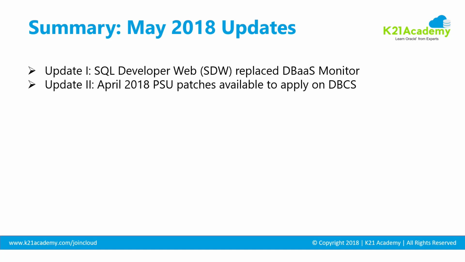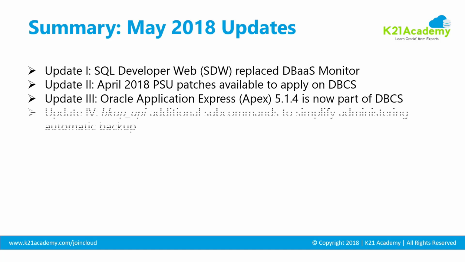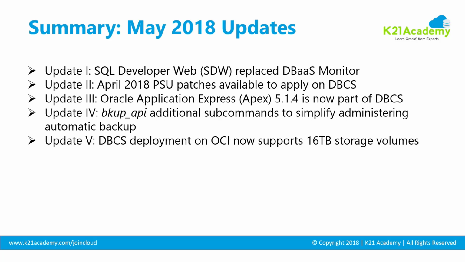Second, the April 2018 patch set updates are available inside DBCS, so make sure you apply those patches. Then there's a newer version of Apex, or Application Express, so if you're using Apex, make sure you upgrade to 5.1.4. There are new additional subcommands added into bkup_API, which is a tool to back up databases on cloud. And finally, DBCS deployment on OCI now supports 16 terabyte of storage volume.